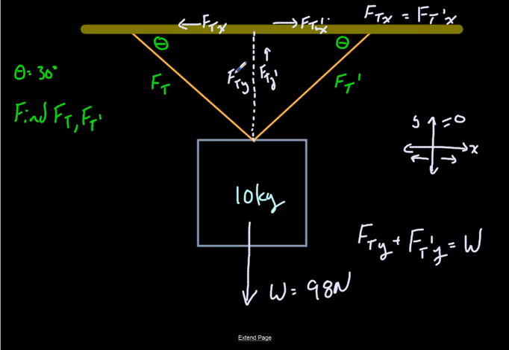And hopefully by rules of logic as well. These are essentially identical scenarios, right? Due to the fact that we have the same angle here, you end up with understanding that these two tensions have to end up being equal as well. So yeah, everything is equal.